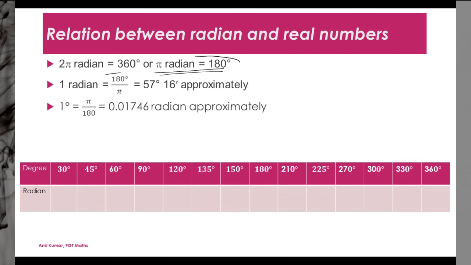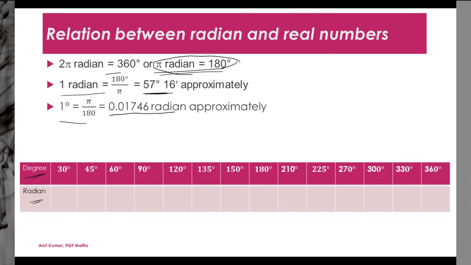This is a very important relation between radian and degree. So 1 radian will be equal to 180 by pi. So 1 radian is approximately 57 degrees 16 minutes. And 1 degree is approximately 0.01746 radian. So now we have to convert this degree measure into radian measure.